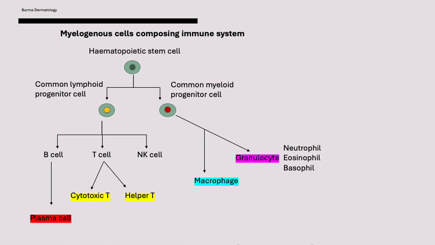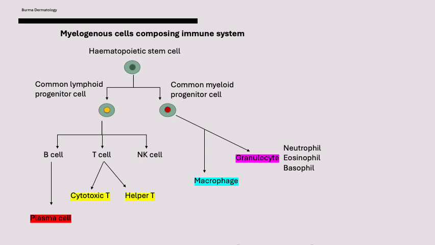The B cells can transform into plasma cells if necessary, and the T cells are further differentiated into cytotoxic T cells and helper T cells.